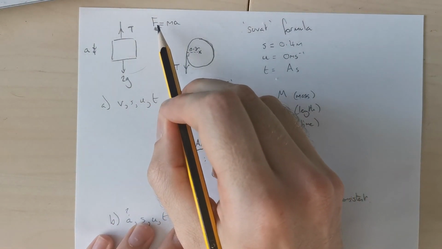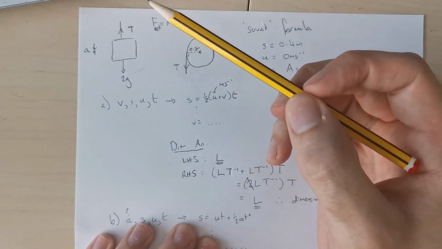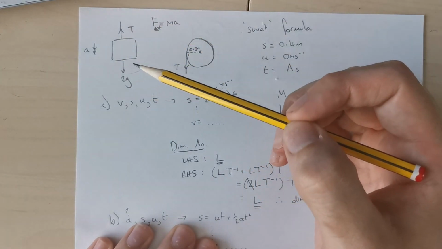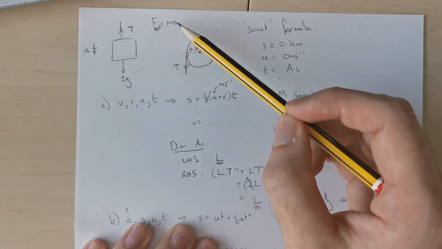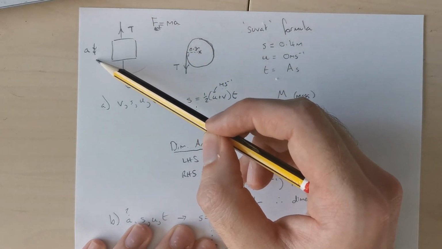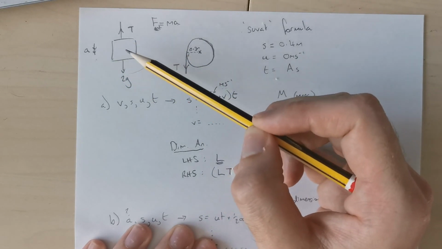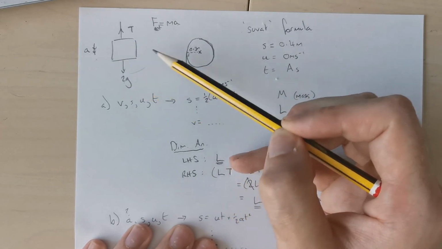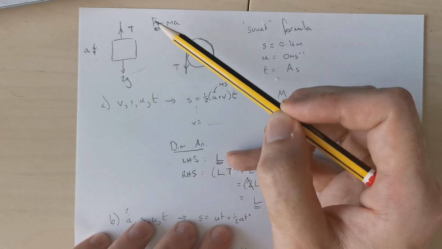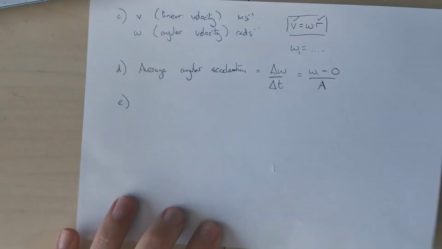So F net represents the difference in the forces, so the resultant force taking place in the direction of motion or direction of acceleration. A is simply A, our acceleration, and M being the mass of our load, which is 2 kilograms, not 2g, that's the weight. The mass would just be 2. So F net equals ma is the formula we're going to be using here.